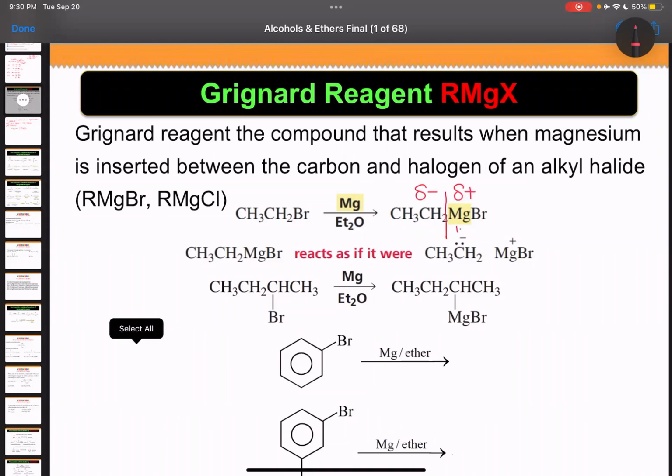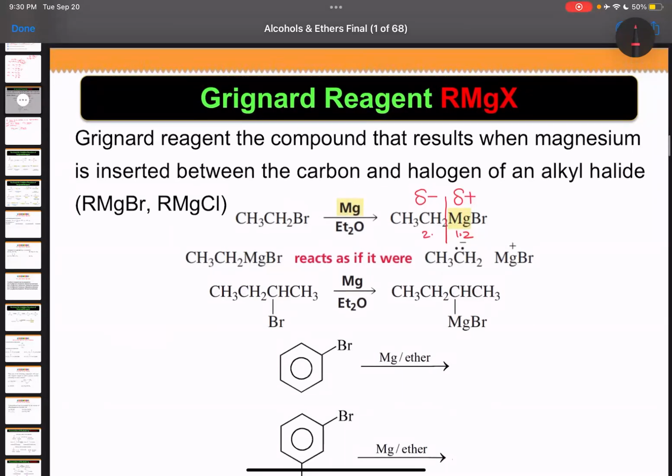Its electronegativity is 1.2, and carbon is more electronegative. That's why this bond has acquired polarity. Clear? Yes, sir. So that is why you have a minus charge on carbon.